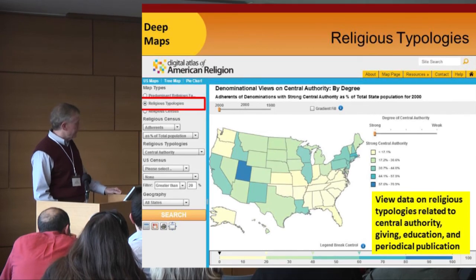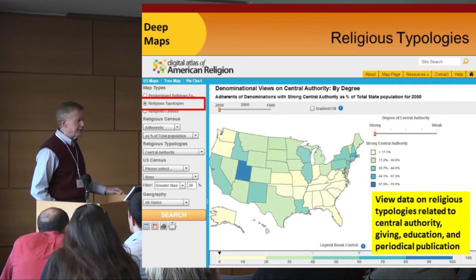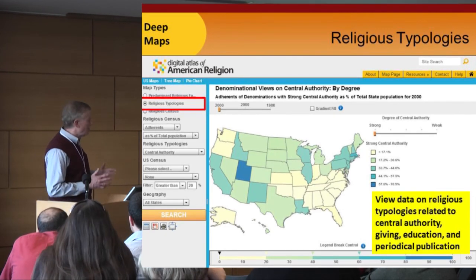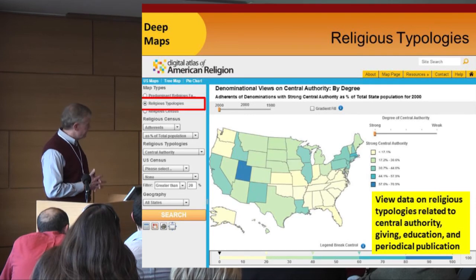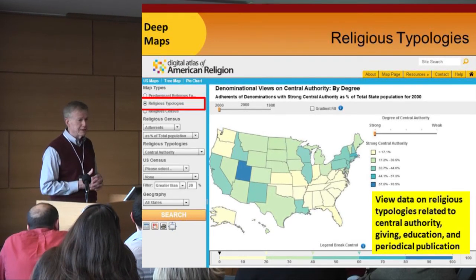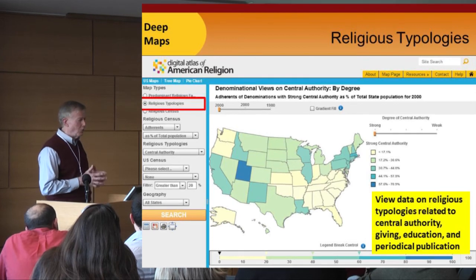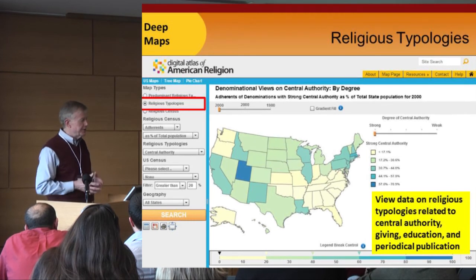But what we have done is we've also begun to construct some religious typologies from the data to make it a little bit easier for you to understand what these categorizations mean. For instance, the data help us to understand something about questions of central authority. All religious bodies are organized either around a central authority or they are operating in a more decentralized fashion.